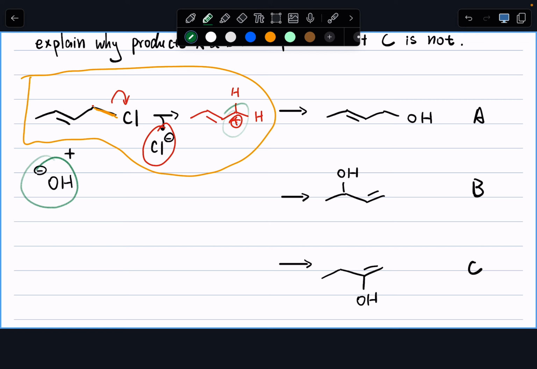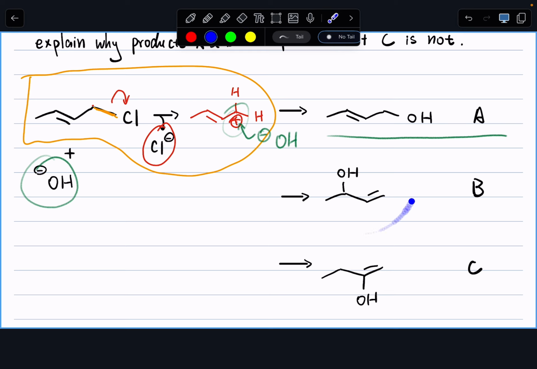So the real question we're trying to answer here is, to which carbon is this OH minus going to react? If I put my OH minus next to my first structure, we can easily say that the OH minus as a nucleophile attacks my carbocation to form my product A. This is an obvious conclusion.